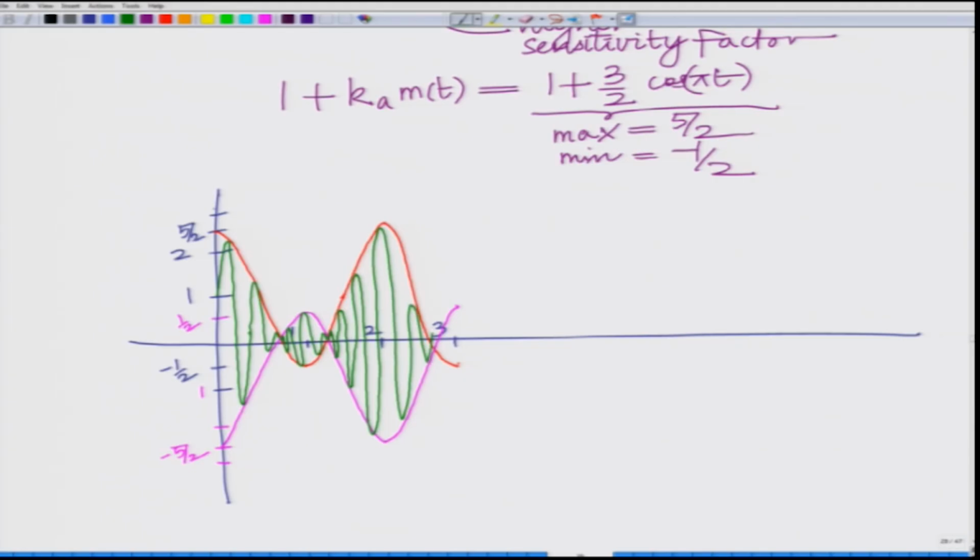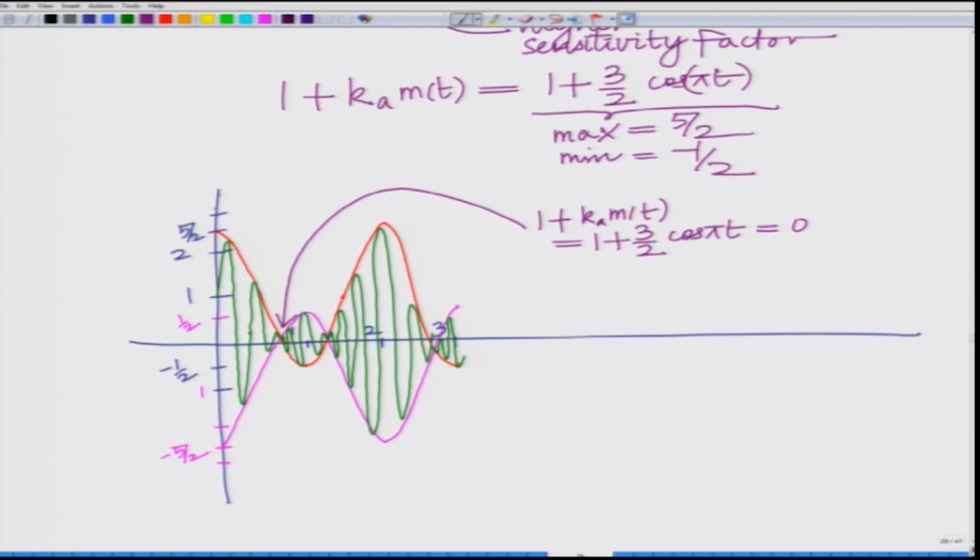And if you look at this, you can see something very interesting. At this point 1 plus k times m(t) equals 1 plus 3 by 2 times cosine pi t starts equal to 0, and at this point it starts going negative.